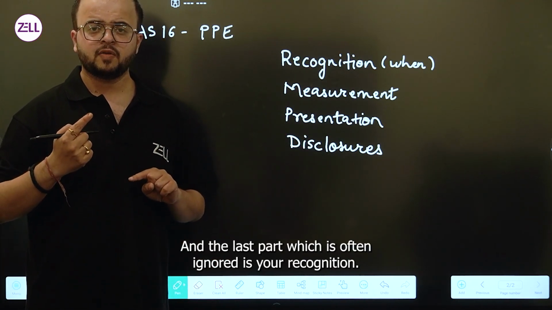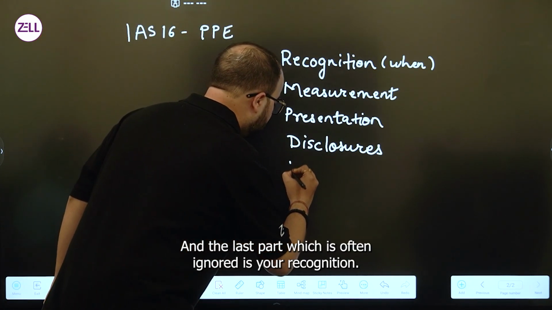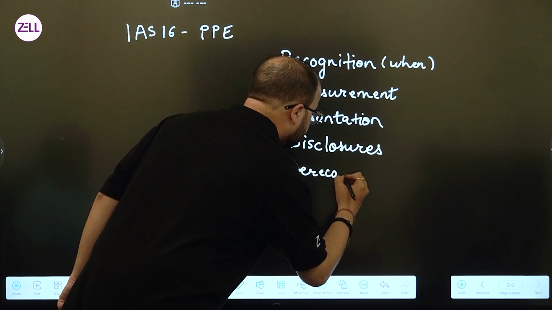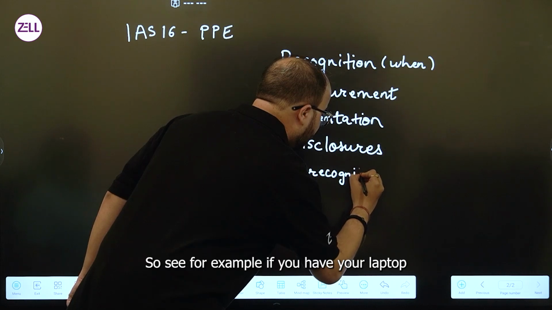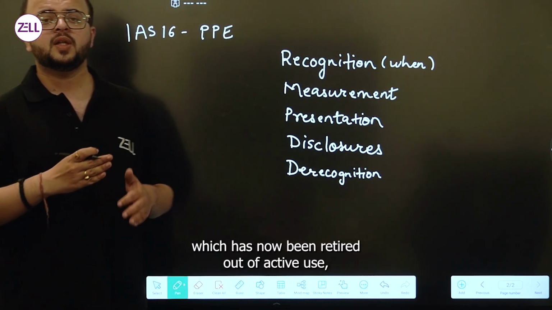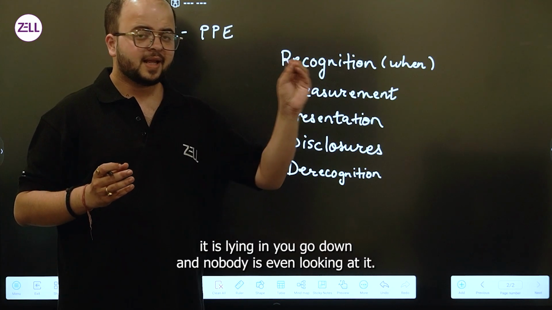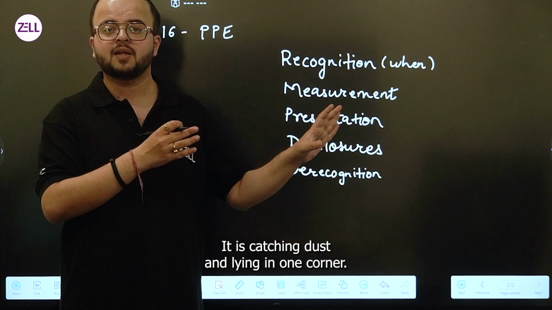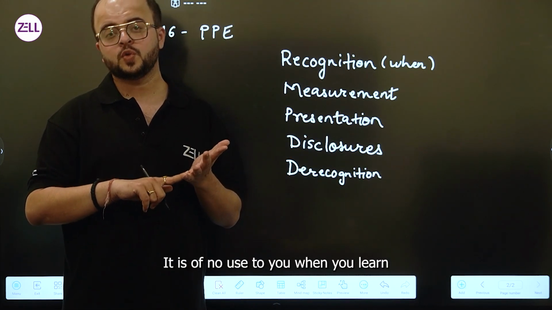And the last part, which is often ignored, is your derecognition. So say for example, you have an old laptop which has now been retired out of active use. It is lying in your godown and nobody is even looking at it. It is catching dust and lying in one corner. It is of no use to you.